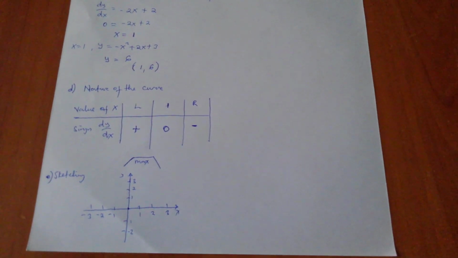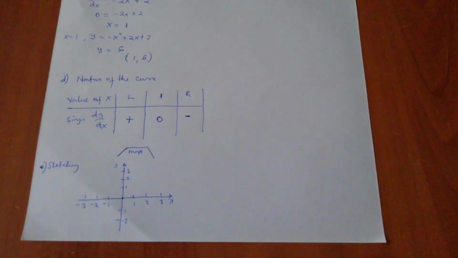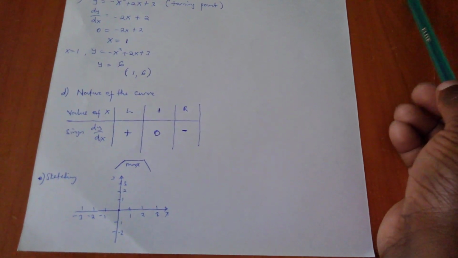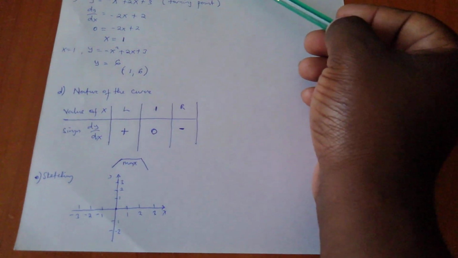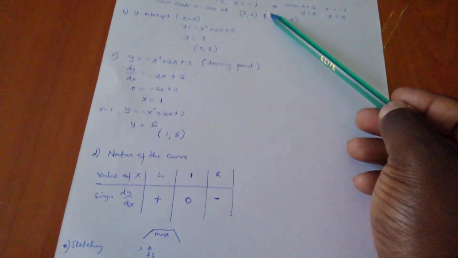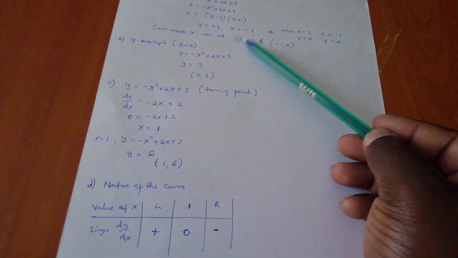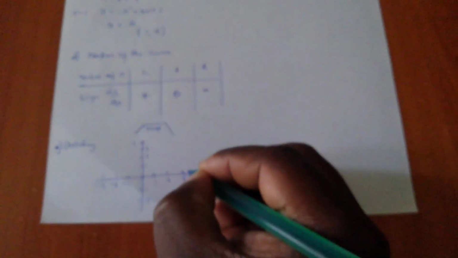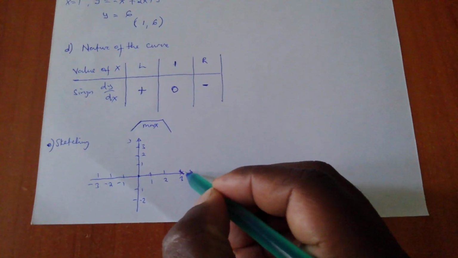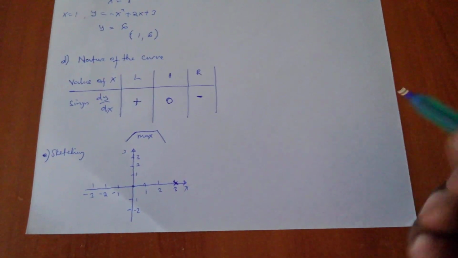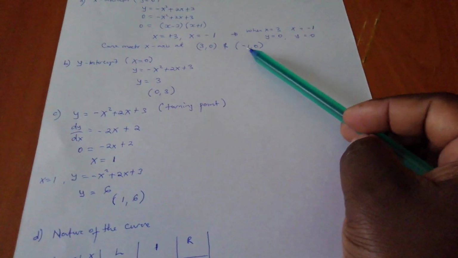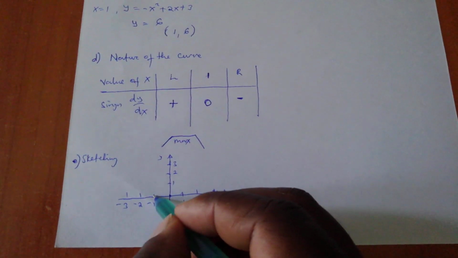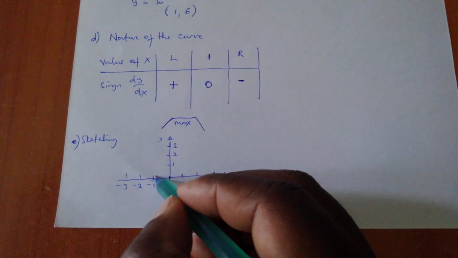But remember, from the very beginning we have the values where the curve meets the x-axis. I have 3, 0, and that point is just here. And also I have negative 1, 0, and that's the point.